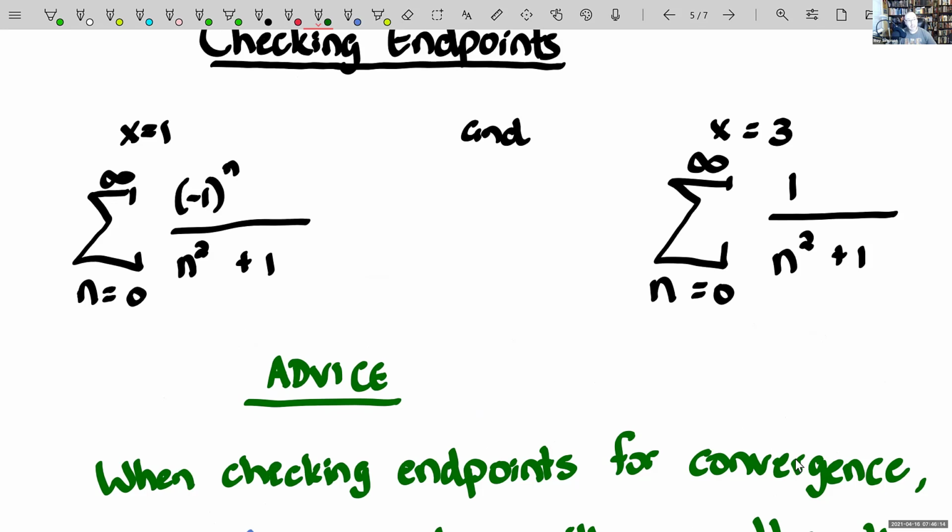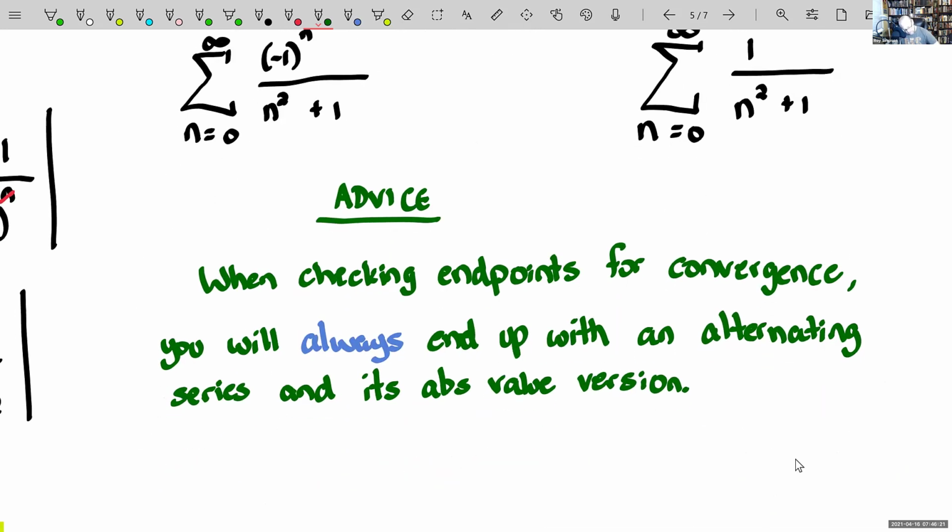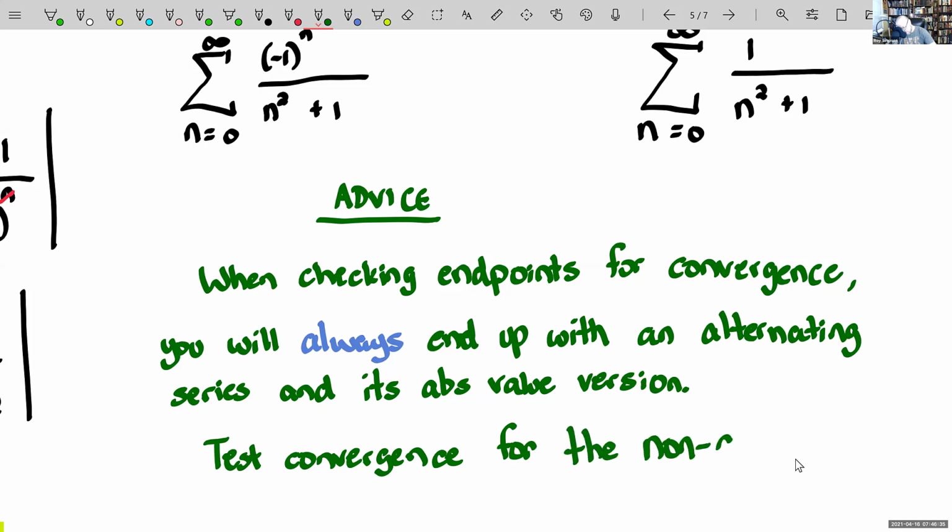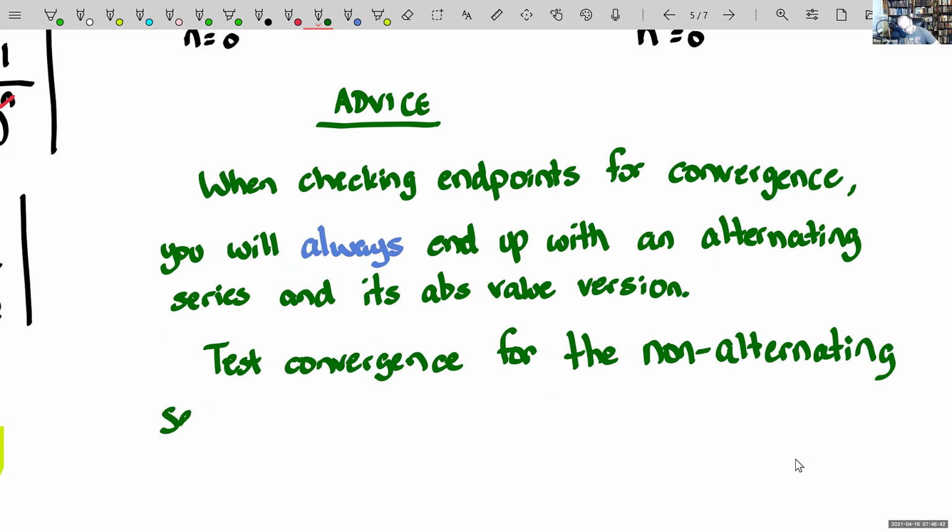The advice here is to test the convergence for the positive or the absolute value version. Test convergence for the non-alternating version first.